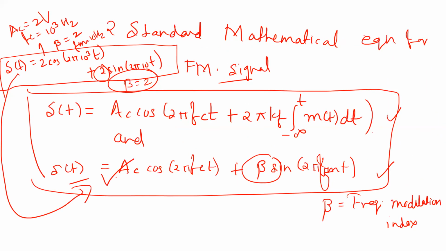There are two standard mathematical expressions for FM, irrespective of NBFM or WBFM: Ac cos(2 pi fc t + 2 pi Kf integral from minus infinity to t of m of t dt), and Ac cos(2 pi fc t + beta sin 2 pi fm t). Am I clear? Yes.